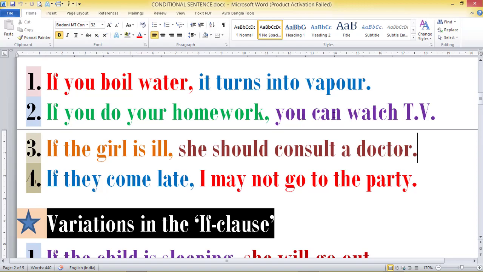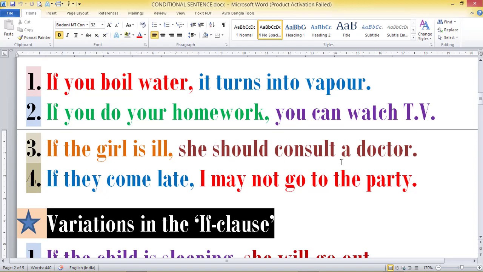Now let's go to the third sentence. The third sentence is: if the girl is ill, she should consult a doctor. You see, in the if clause, we have used present indefinite as per rule, and in the main clause, we have not used future indefinite.